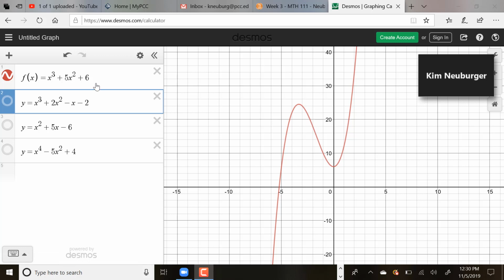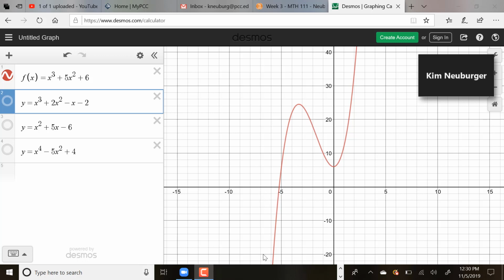We are first taking a look at this particular function right here, which is x cubed plus 5x squared plus 6. And you see it modeled right here. Now, on this one, notice that it is an odd function because, well, not function, but the highest exponent is odd.